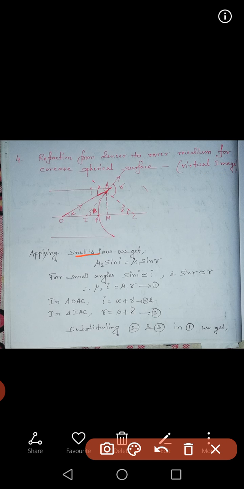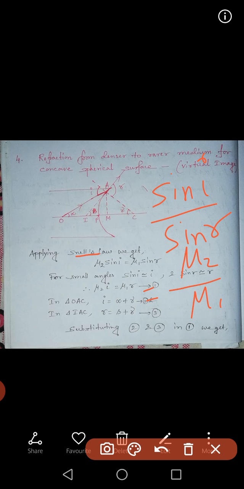Now the process is the same as how we did the earlier derivations. We started with Snell's law, but this time the law is like this: sin i by sin r. If you remember, in the first derivation I told you that this value was equal to mu2 by mu1, because the light ray was moving from rarer to denser medium, from mu1 medium to mu2 medium.